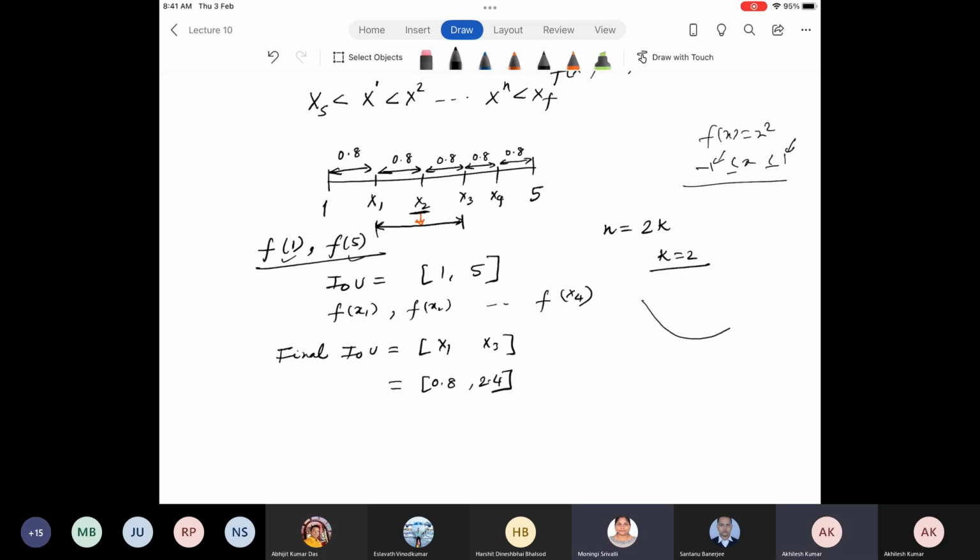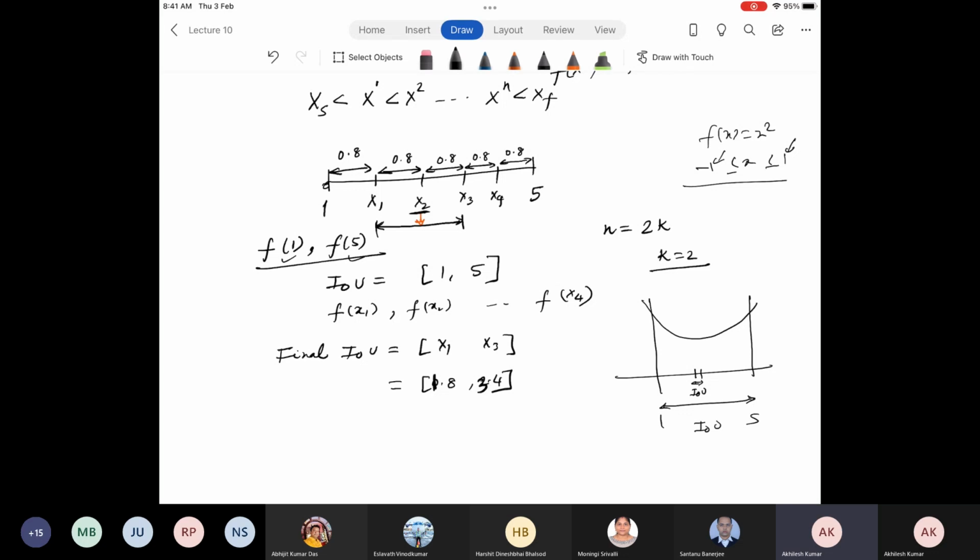Sir, it should be 1.8. Why 1.8? Starting from 1, after 0.8, x1 is 1.8. Okay, so you are starting from 1.8 and going to 3.4, right? So what you have achieved: you were first looking at this big interval of uncertainty, and finally you bring it down to this interval of uncertainty where your minimum lies.